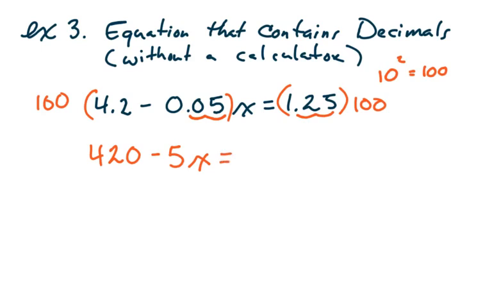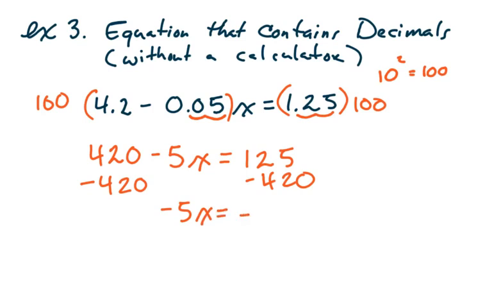And 1.25 times 100 is 125. So now we have numbers that are a lot easier to work with. Now I'm going to need to subtract 420 from both sides. In doing that, I get negative 5x is equal to negative 295.